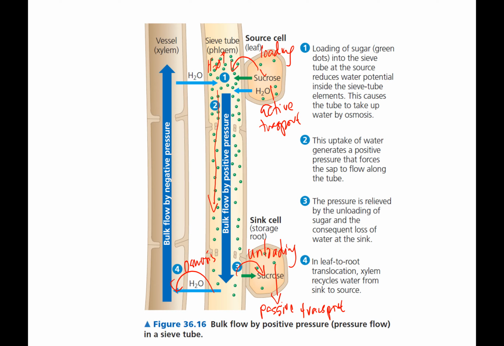Okay, and after that, once the sucrose has reached the downward end, the sucrose will be unloaded into the sink cell. For example, sucrose will be unloaded into the root cell by passive transport.